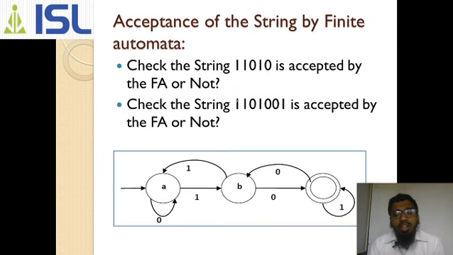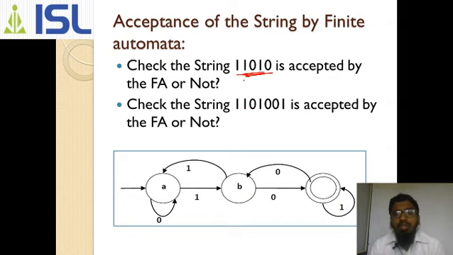Now we will see the acceptance of a string by a finite automaton. What is the acceptance of a string by a finite automaton? It means whatever string you are passing, whether it is accepted by the FA or not. We need to check. How we will check, I will show you.